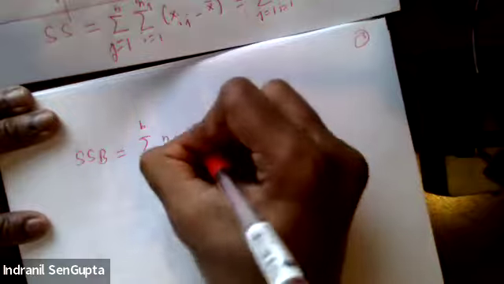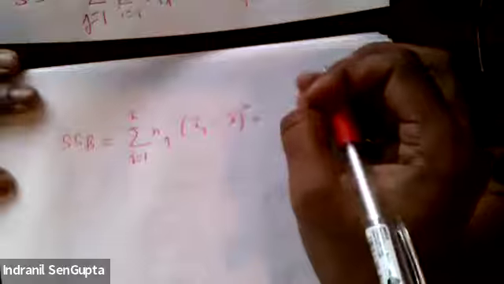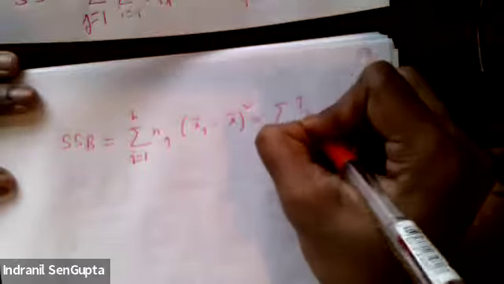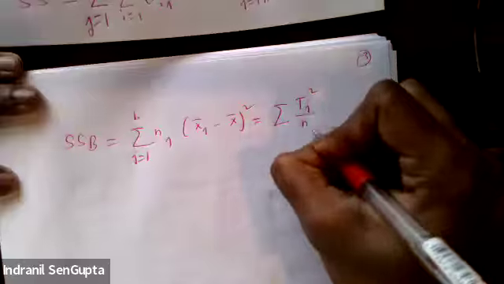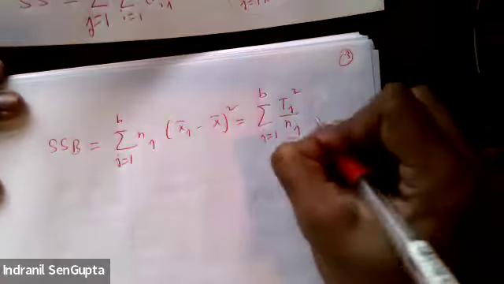I'll leave it up to you to show that SSB, which is really the summation j from 1 to b of n_j times (xj bar minus x bar) squared, can be written as the summation of tj squared over nj, j from 1 to b, minus t squared over n.